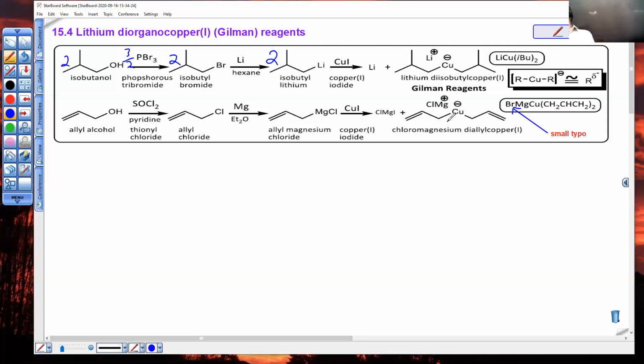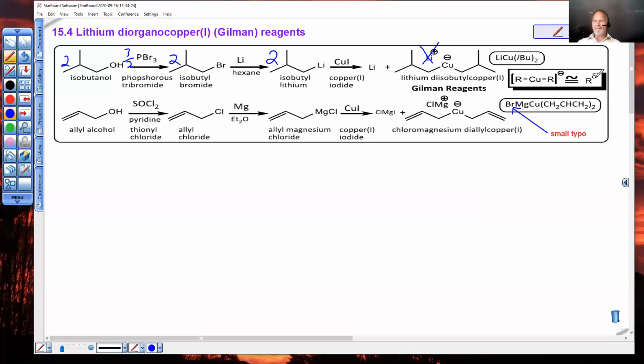Still copper +1. So we think of Gilmans as looking like this: 2 R groups attached to a copper in an anion, and lithium can be treated like it normally is, crossed off as a spectator. And this will behave somewhat like a carbon that has a slightly minus charge. Notice I didn't yet give carbon a full minus charge like an organolithium or a Grignard.